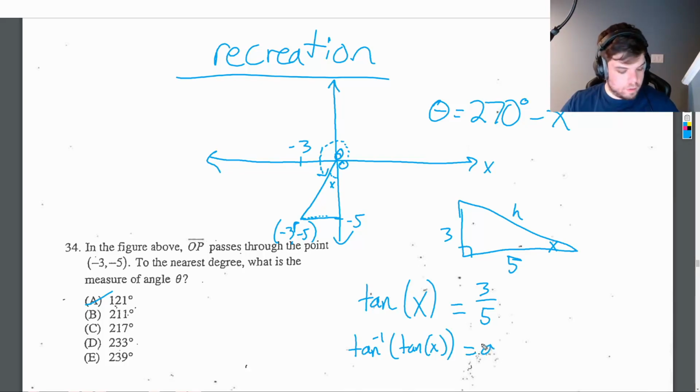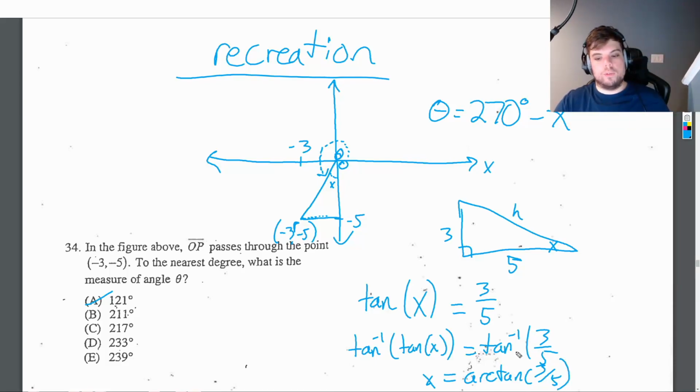so arctan of both sides, x equals arctan 3 over 5. So if we do that with our calculator, arctan 3 over 5 gives us an angle.